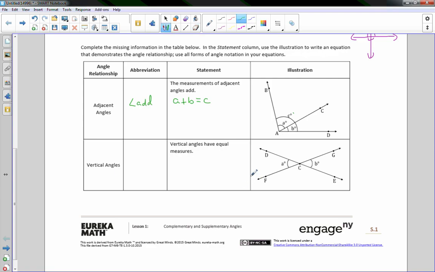Vertical angles. Vertical angles have equal measures. So we're going to say VERT, period, and then the angle symbol, and I like using an apostrophe S. I meant to put an apostrophe S here, so let me just fix that. Okay, so this one's vertical angles.